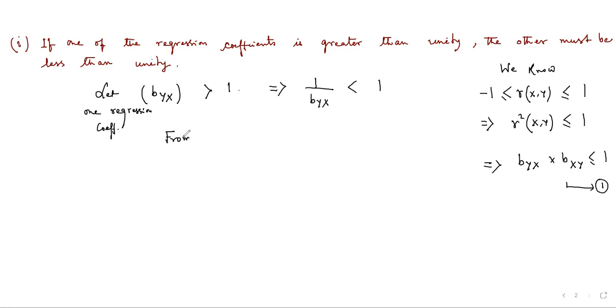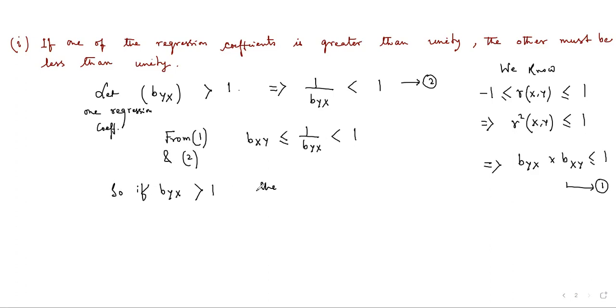So from 1, we find that bxy is less than or equal to 1 by byx. From equation 2 also, 1 by byx is less than 1. So we have found that if one regression coefficient is greater than 1, the other regression coefficient is less than 1. The result is proved.